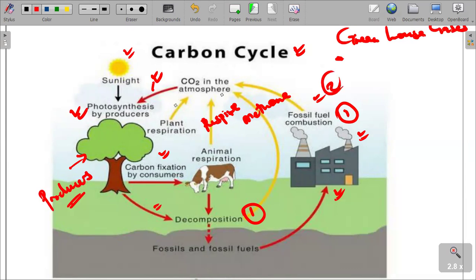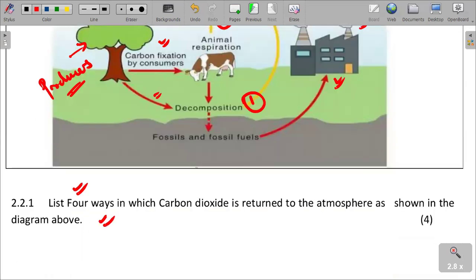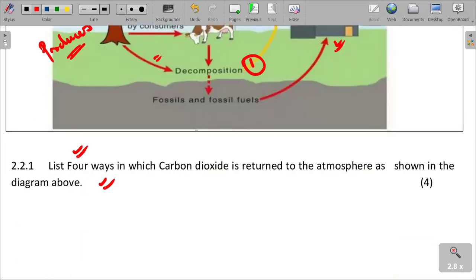We can also talk about animals as they respire, number 3. And then we can as well talk about plant respiration, as is also shown here as number 4. So what we are supposed to understand is that these are ways in which carbon dioxide is retained in the atmosphere.